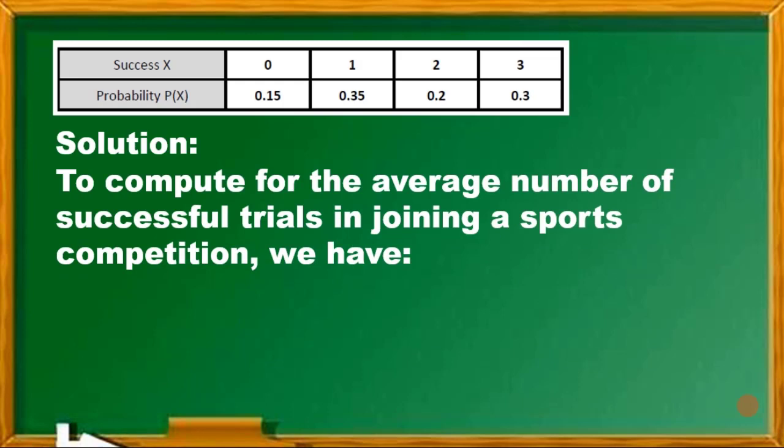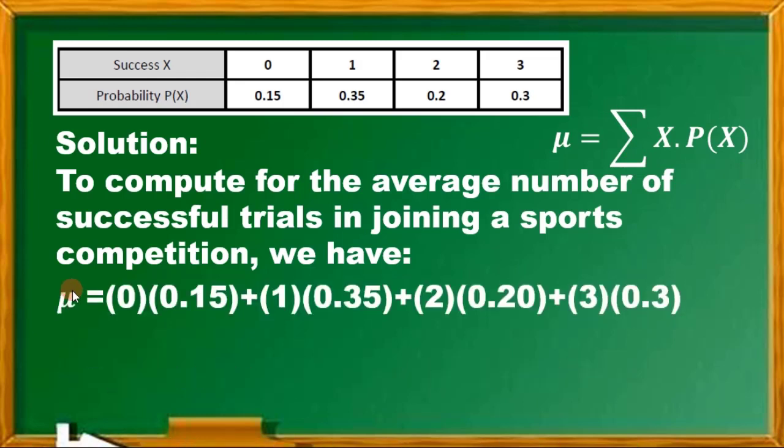Now we have the table again. Then for the solution, we have to compute the average number of successful trials in joining a sports competition. So we have this formula, mu equals the summation of x times p of x. Let's do this here one by one. So the mu is 0 times 0.15, plus 1 times the probability given, 0.35, plus 2 times 0.2, plus 3 times 0.3.